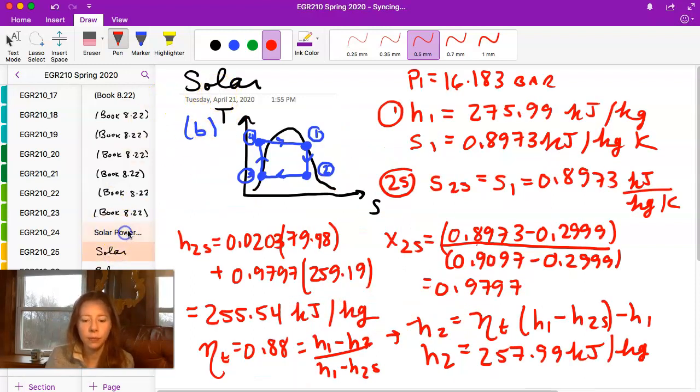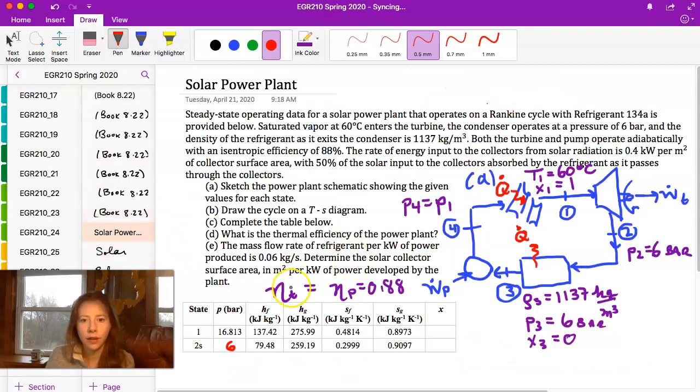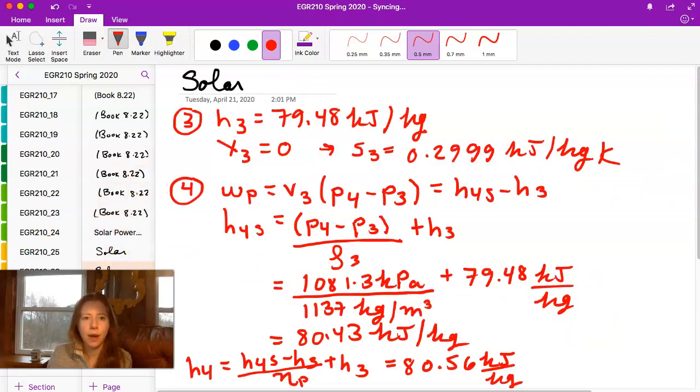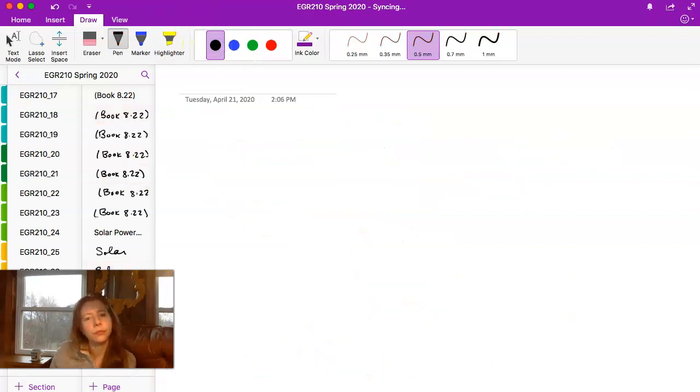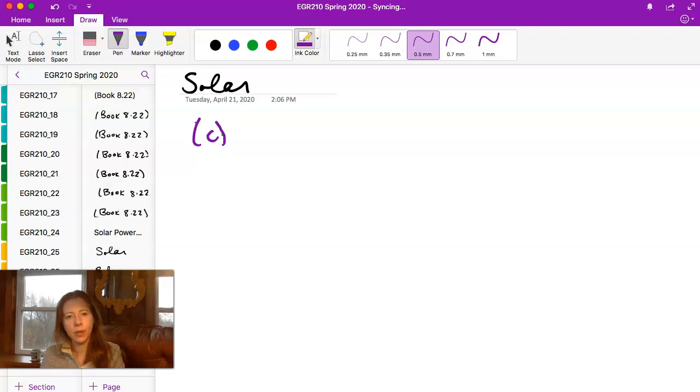So filling in the table, the quality at state 1 is 1. And at 2s, we figured out already, was 0.9797. Okay, so that part's done. Okay, we drew it on a TS diagram. And now we have to find the thermal efficiency of the power plant.